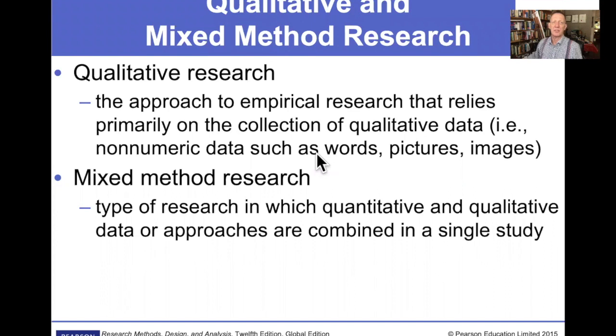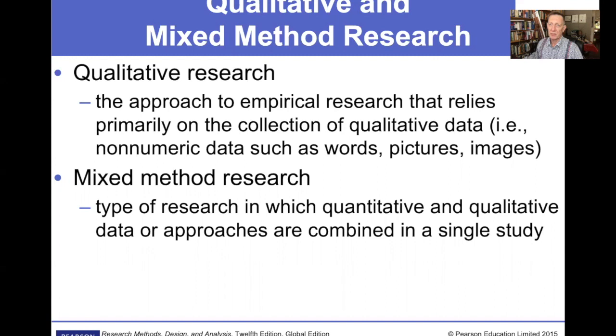Qualitative research is the approach to empirical research that relies on the collection of qualitative data. So what is important is this issue. Remember that the quantitative stuff that we've done up till now, experimental and quasi-experimental and non-experimental designs and measurement and so on, deals with empirical matters.